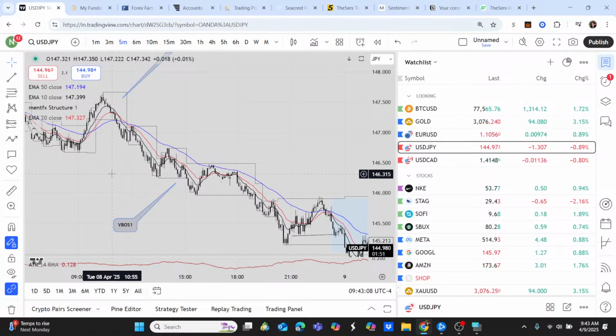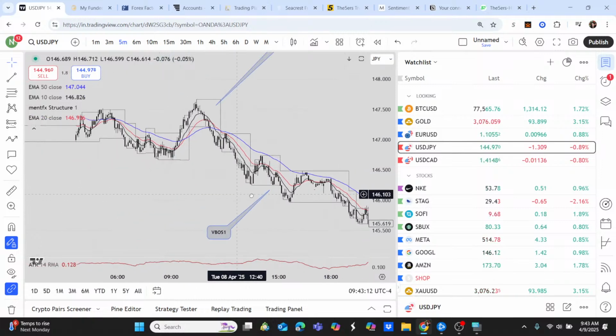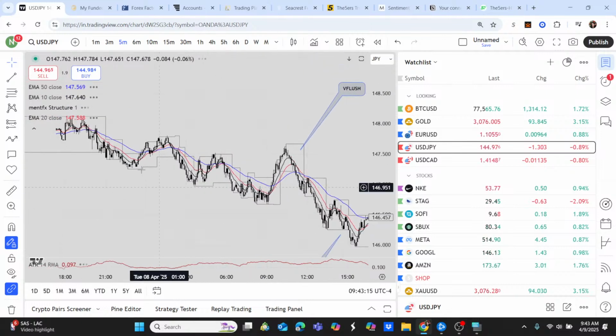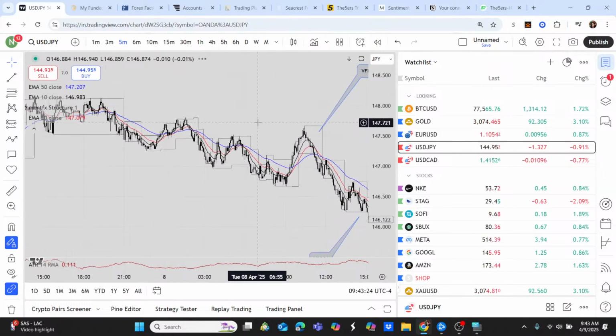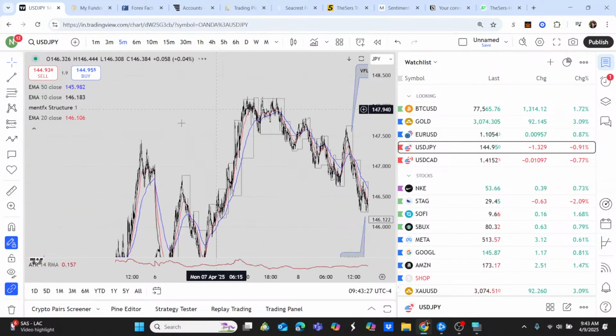Break lower, break lower, break lower, breaks this mini high, continues lower, breaks lower, breaks lower, breaks lower, breaks this high, continues lower, breaks lower, breaks lower, breaks this high, makes a double break right here, but it's not significant in terms of it.